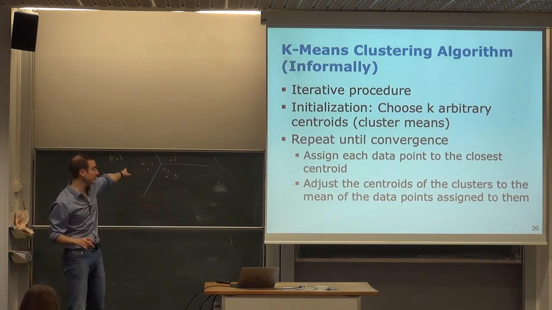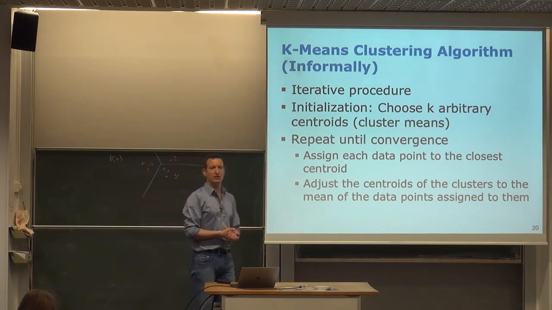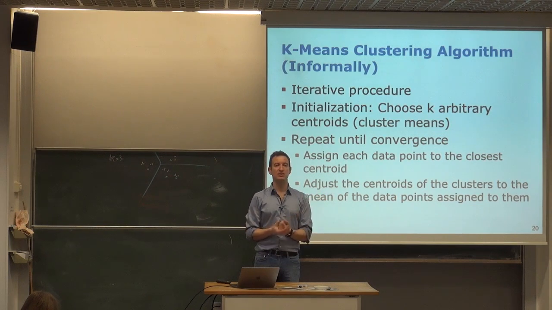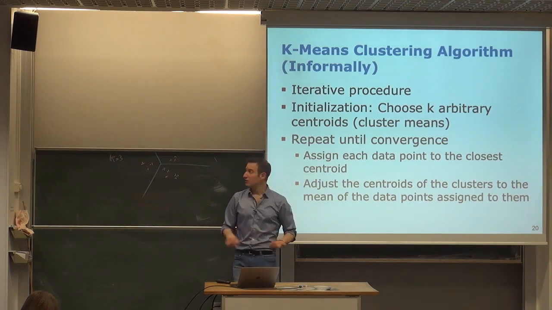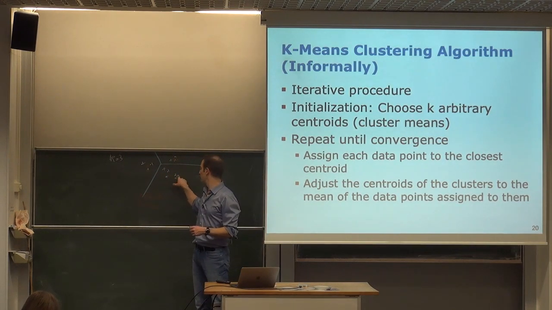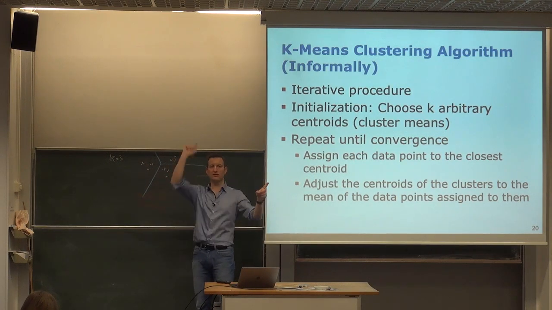I know I want to have 3 because that's the input to my algorithm, so let's randomly choose 3 centroids. What most approaches do is randomly select 3 data points from the white crosses and say, you're a centroid, you're a centroid, you're a centroid. That's my initialization.